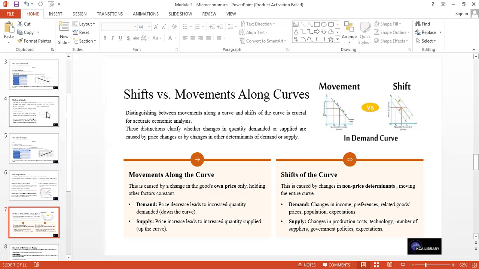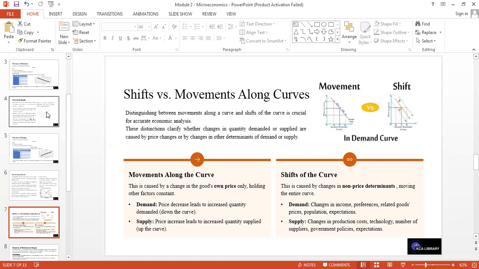Looking at the movement along the curve, this is caused by a change in the good's own price only, holding other factors constant. That is, when it pertains to demand, a price decrease leads to increased quantity demanded. And for supply, a price increase leads to increased quantity supplied, which results in movement up the curve.